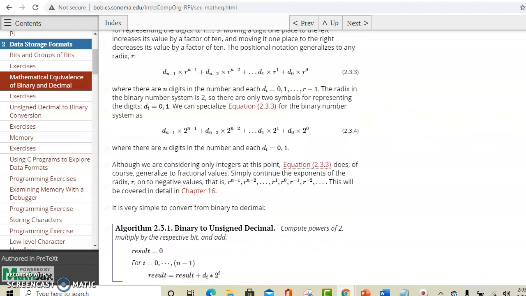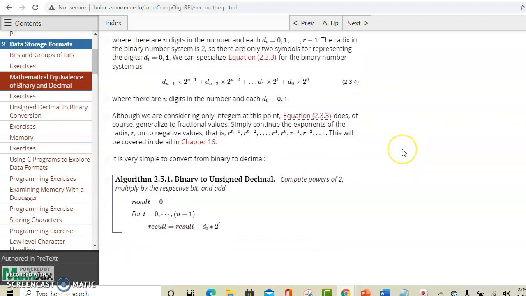So the algorithm 2.3.1 is binary to decimal. That means that we go through each value and multiply the value in the position times the base to its positional value, where the first one will be 0 and the second one will be 1, indicating that we have gone through all of the possible digits within that system at least one time.